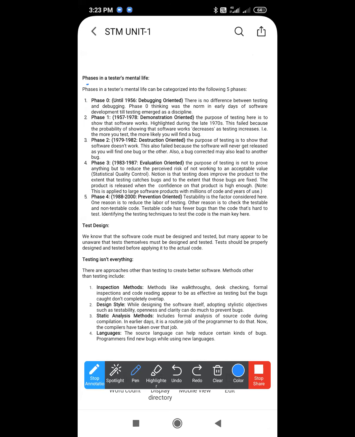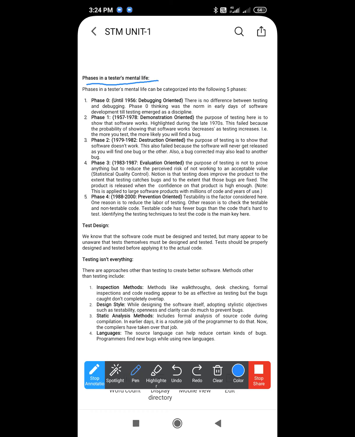First one, phase 0. Until 1956, debugging oriented. That means there is no difference between testing and debugging. Phase 0 thinking was the norm in the early days of software development till testing emerged as a discipline.